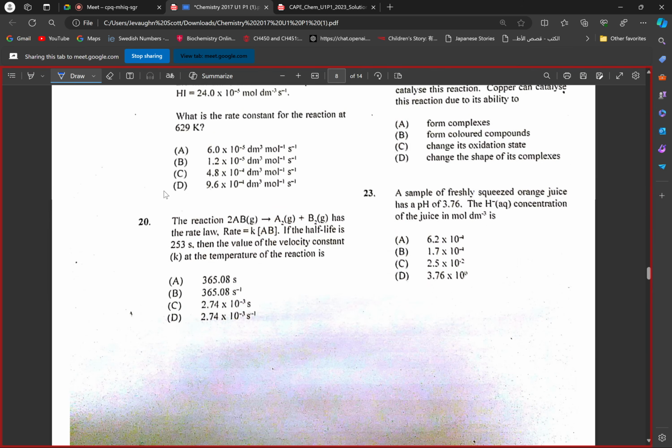Right, so what's happening here? The reaction has a rate law given here. If the half life is 223 seconds, what would be the value of the velocity constant k at room temperature for the reaction?